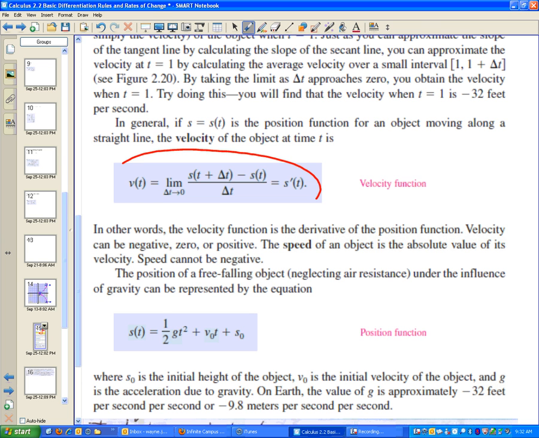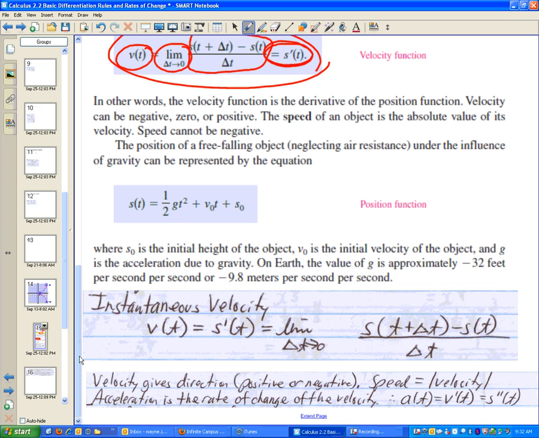I'm going to have you write this in a minute, but not yet. Look what they've got here. They've got the average velocity. They took the limit of it as delta t approaches 0, which we'd already talked about. That would be the derivative. So you can call that s prime of t. Instead of f prime of x, it's now s prime of t. Since velocity is a very useful function in and of itself, you can also just call it v of t. Okay?